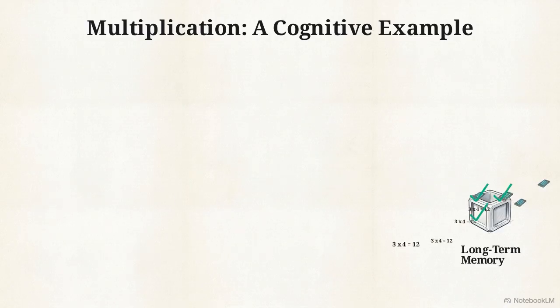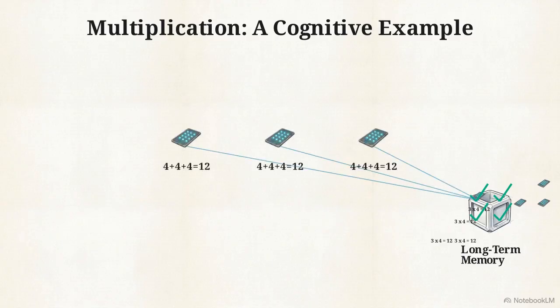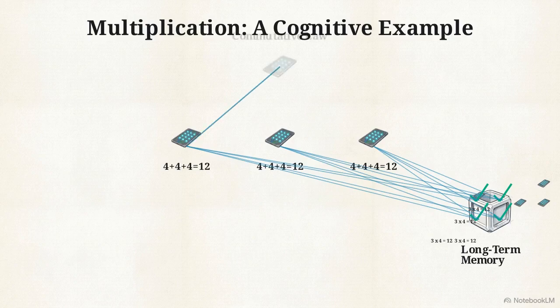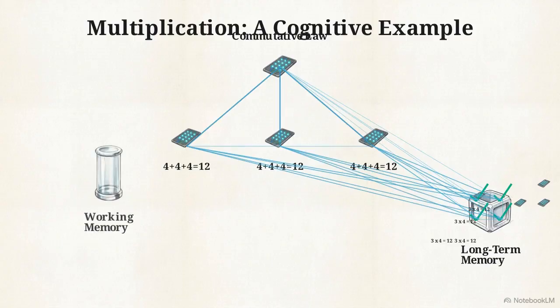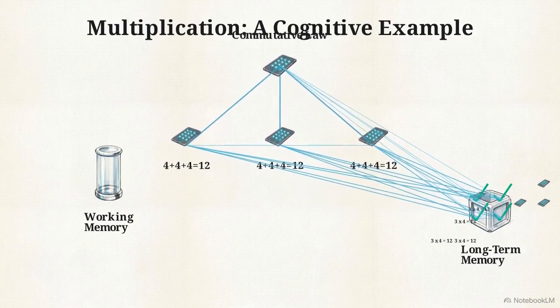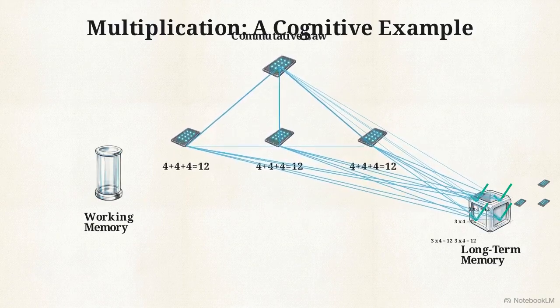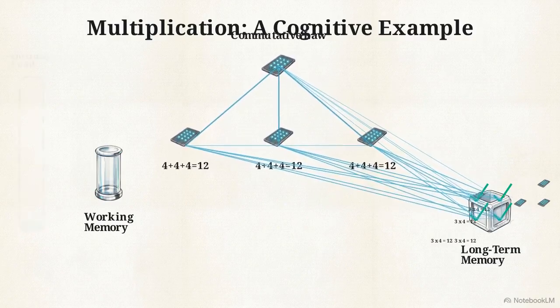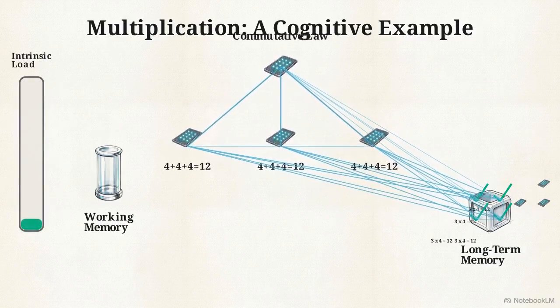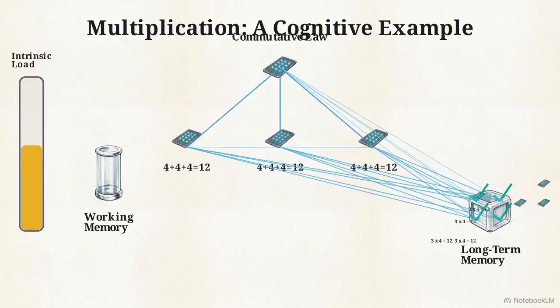Understanding requires linking that fact to a new string, 4 plus 4 plus 4 equals 12, then connecting both to the commutative law. This creates a multi-layered lattice of interconnected nodes that pushes the processing gate to its absolute physical limit. In mechanical terms, understanding is the successful simultaneous processing of this entire interactive lattice in working memory.